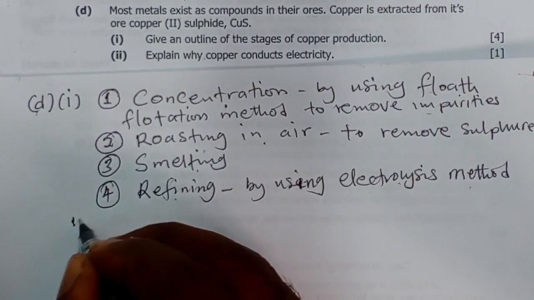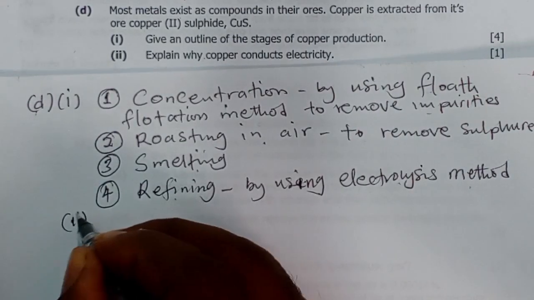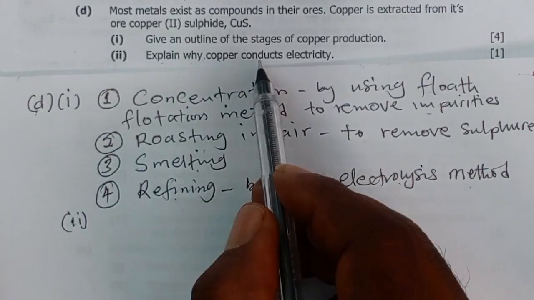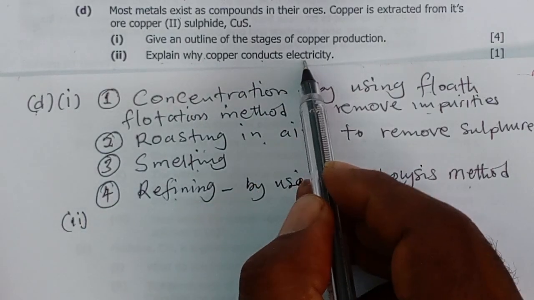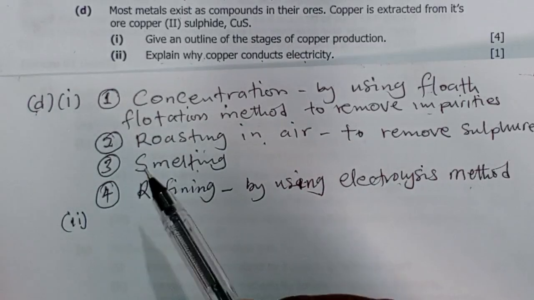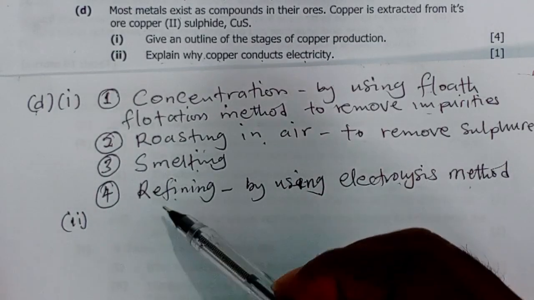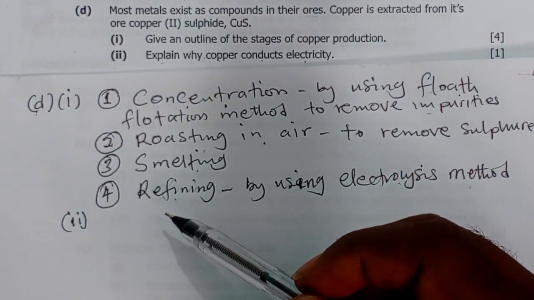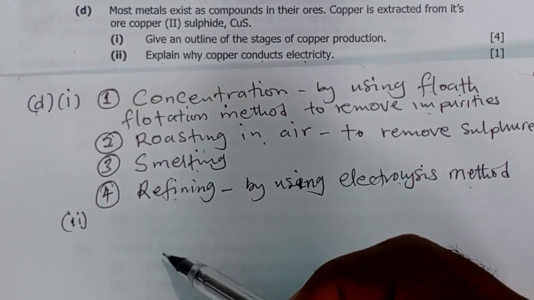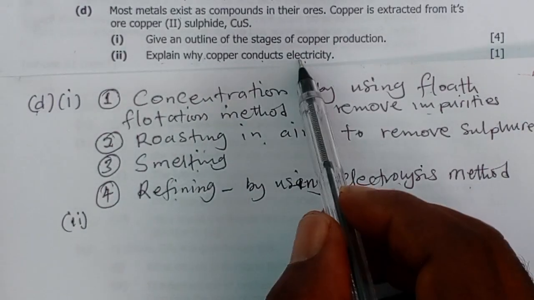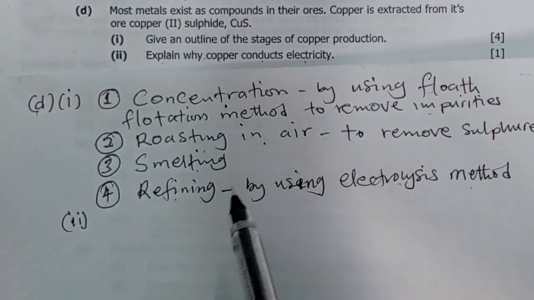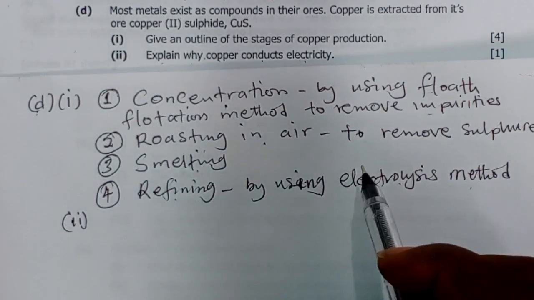So D2, explain why copper conducts electricity. The reason that we are going to give can be given for any substance that conducts electricity. So the reason why copper conducts electricity is that the electrons in copper are mobile.